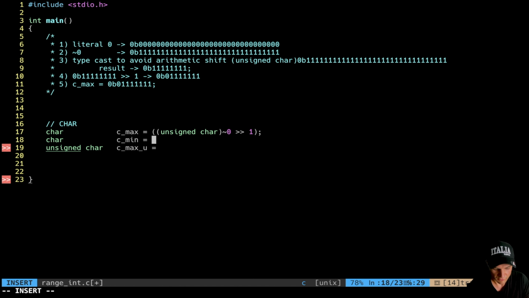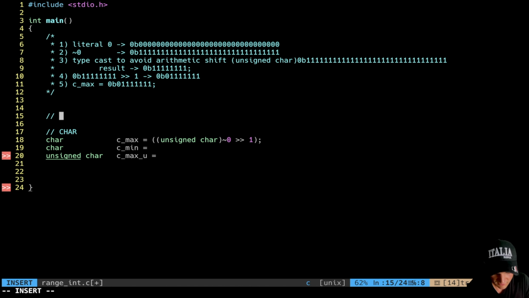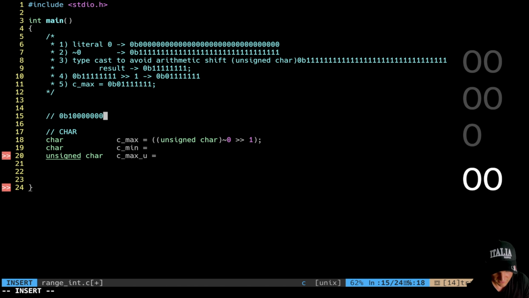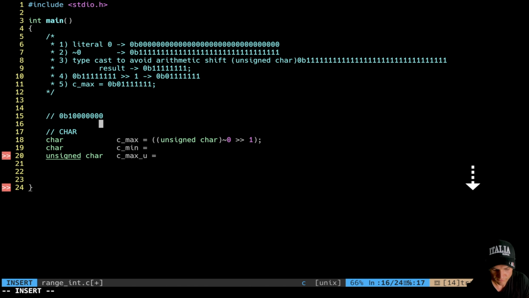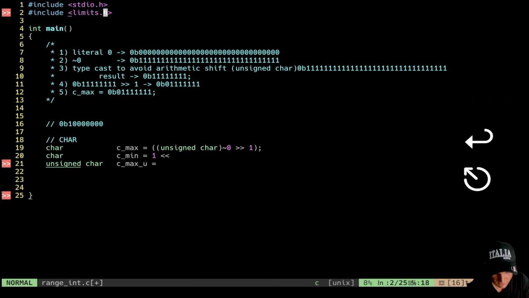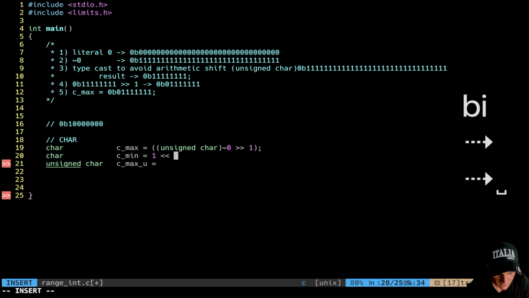Allegedly, right? So let's do cmin and cmax, and then we're going to try to printf this. So cmin, what is the cmin? Char min is 0b 10000000. Okay, so how do I get that? Well, I can have, for example, 1, and I want to shift that 7 positions. If you want to make the code more readable, including limits.h, we can say here 1 shift CHAR_BIT.